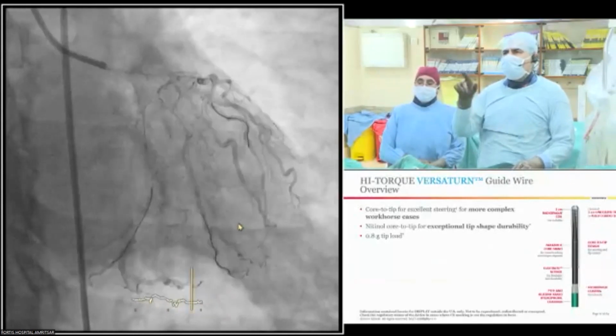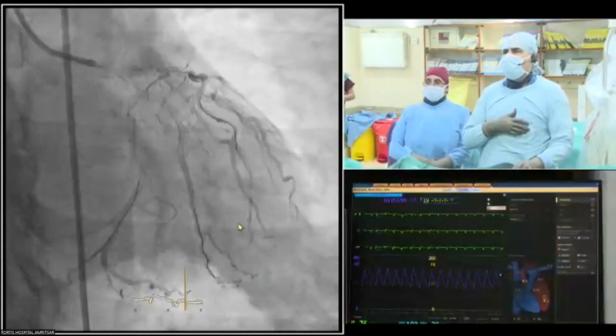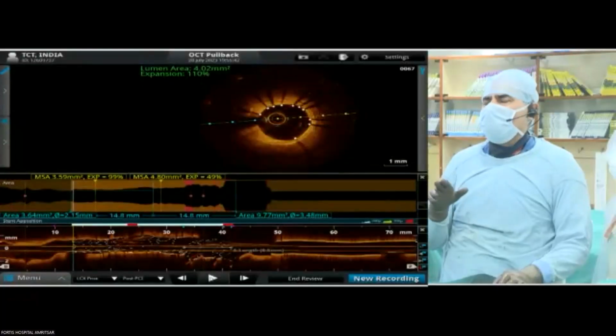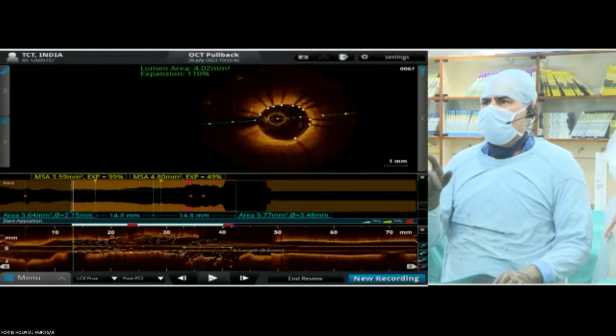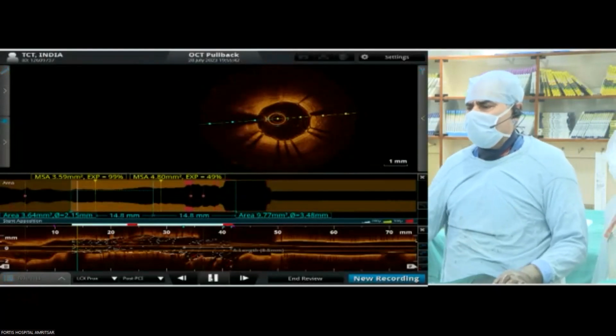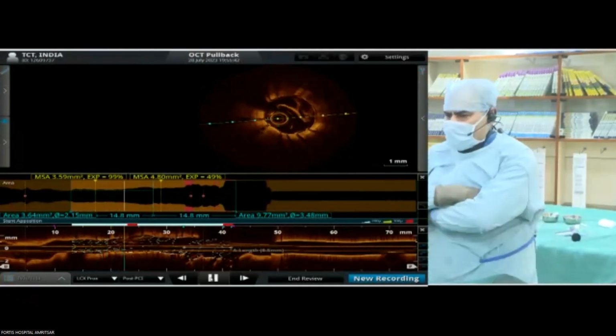Now you can see that the circumflex has opened up well. The LAD appears fine. The OM1 has a small flap but with excellent flow. Now we've done an OCT run, and I'll show you the OCT.